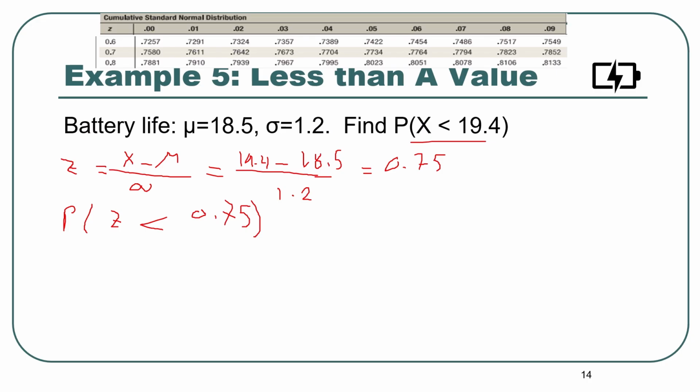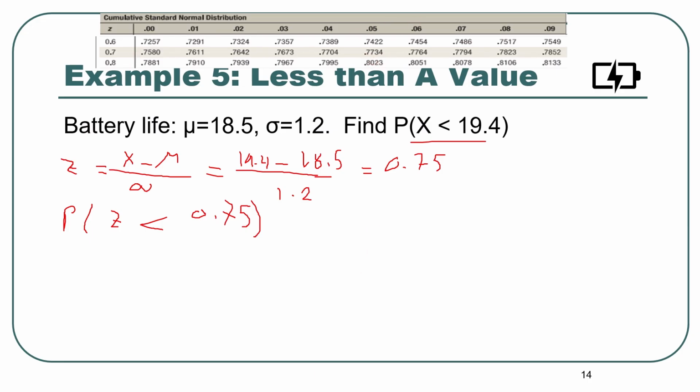Here is a part of my table. Here is 0.7, so I'm going to go to 0.05, so 0.75. This is the value.